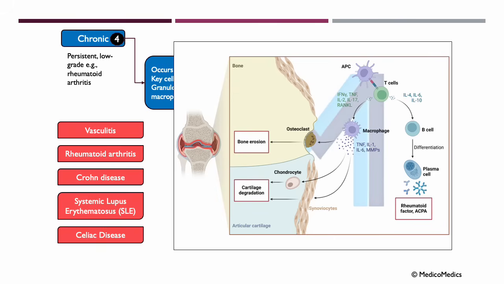Another example is rheumatoid arthritis. Rheumatoid arthritis is a chronic autoimmune disease where persistent synovial inflammation leads to joint destruction and systemic complications. And as you can see in the illustration, the inflammatory process is driven by cytokines like tumor necrosis factor alpha and interleukin 1, for example, making it highly responsive to anti-inflammatory therapies, because these are the mediators we talked about.